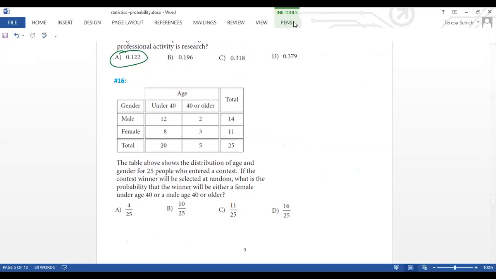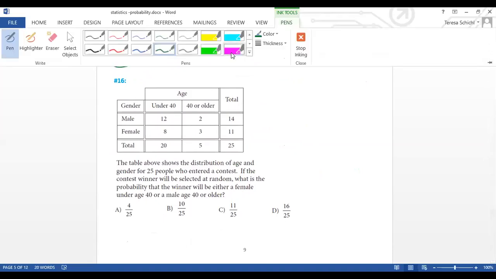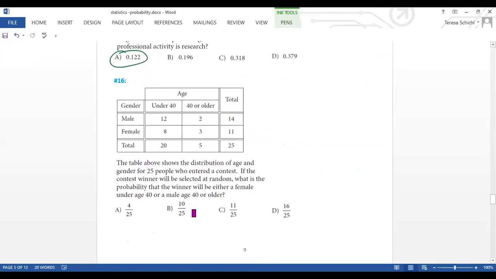So let's say I'm going to pick one person at random. What is the probability the winner will be either a female under 40 or a male aged 40 or older?